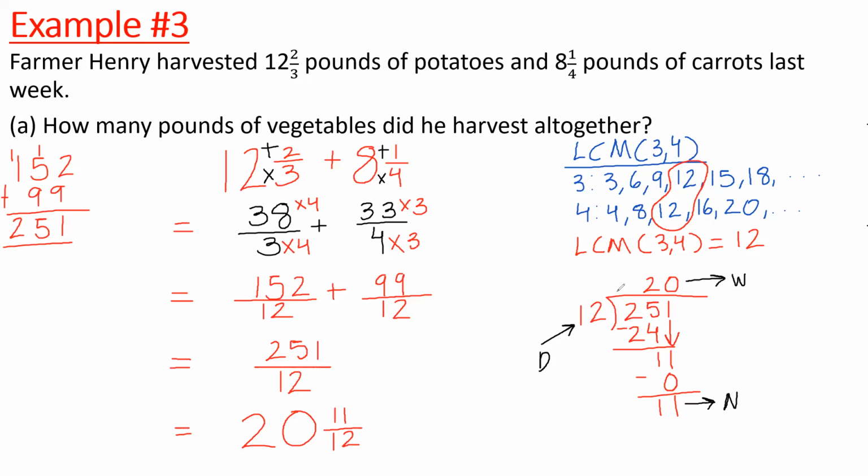Then you add it, and then you get 251 over 12, and then you have to turn it into a mixed fraction by dividing it. And then that's your answer. Okay. Well, you get 20 as the whole number, 11 as the numerator, and 12 as the denominator. Very good.